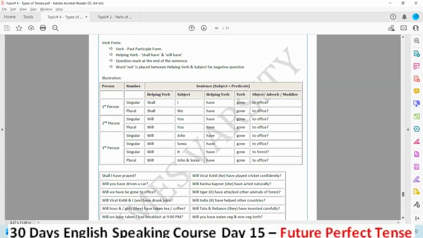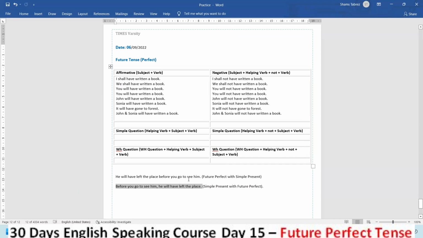Now let's make sentences. Yes, Shahbaz, now it's your turn to make simple question for future perfect tense. Shall I have written a book?